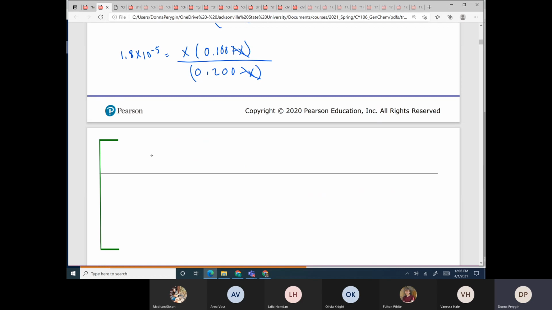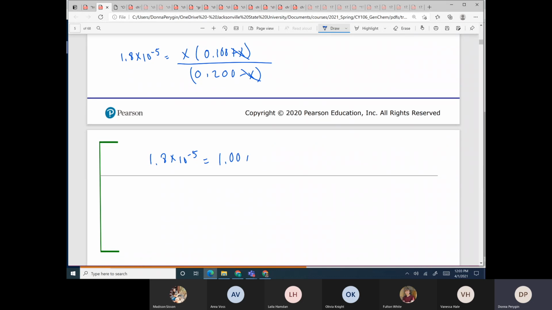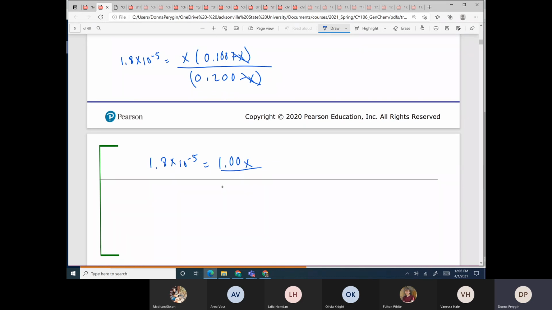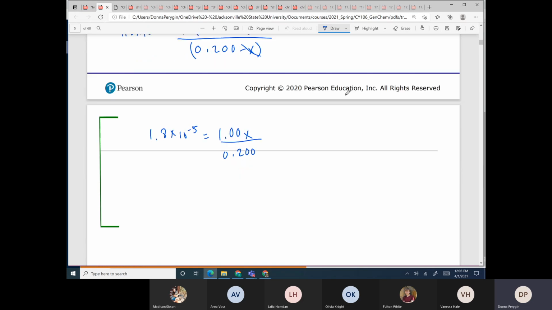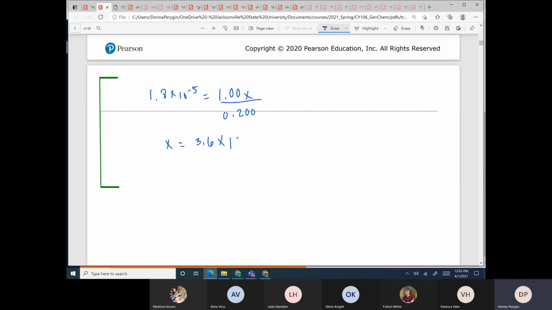And so then we get 1.8 times 10 to the minus 5th equals 0.100X over 0.200. So if you solve for X, multiply both sides by 0.2, so X is equal to 3.6 times 10 to the minus 5th.